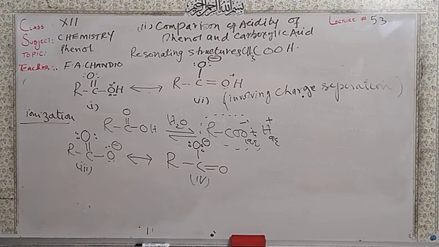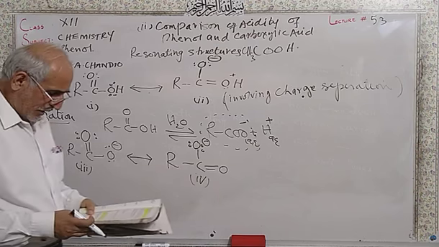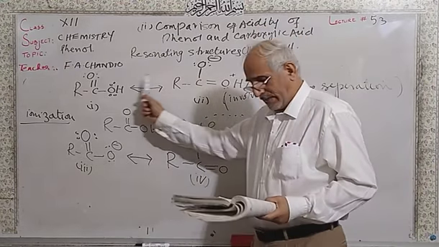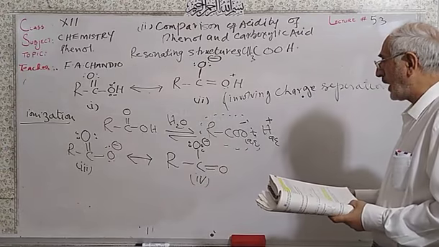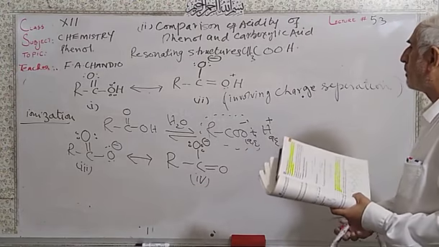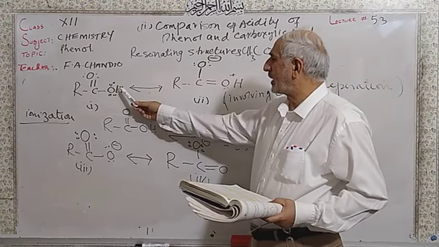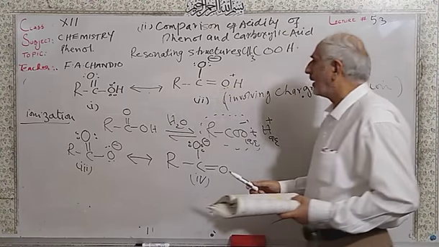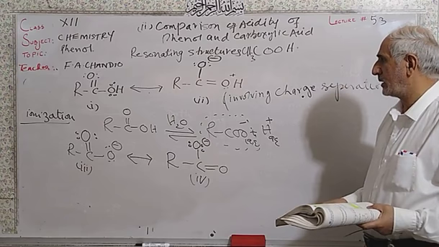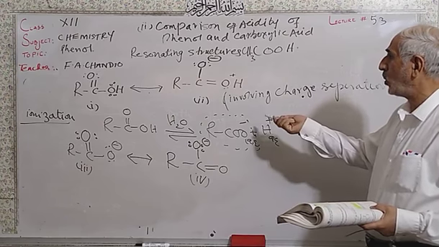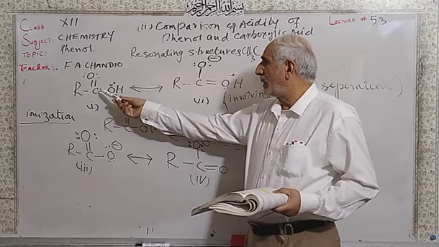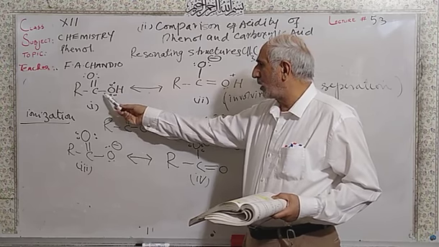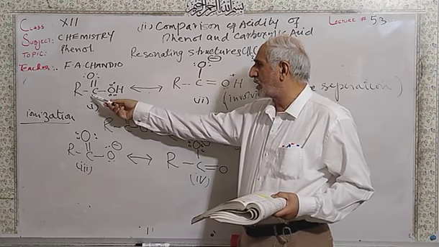Now the resonance structures 1 and 2 of carboxylic acid are non-equivalent. They are very different. In structure 1, the carbon-oxygen double bond and the hydroxyl group single bond fully satisfy the valency.